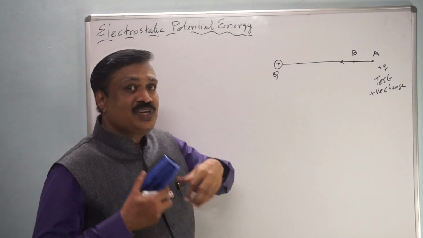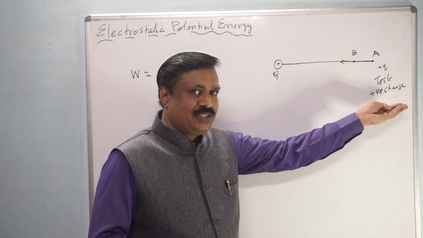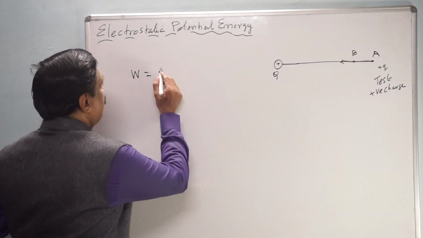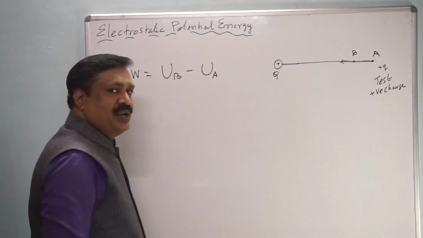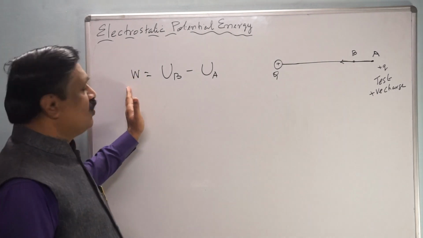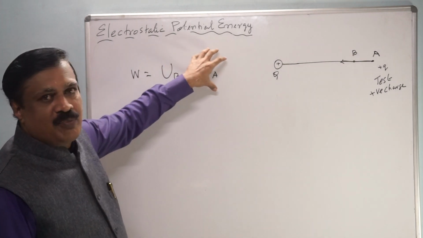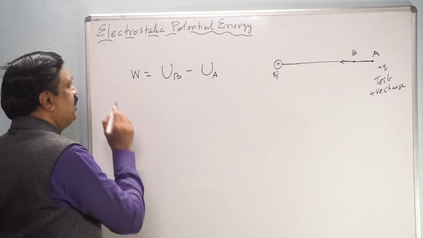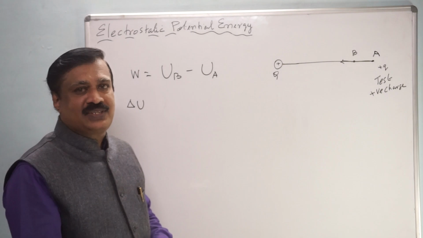You have exerted more energy to bring the test point charge from this point to this point. Therefore, your energy at B will be more than energy at A. Work done equals the potential energy at point B minus the potential energy at point A. Now this can be written as delta U, because work done is stored as energy.